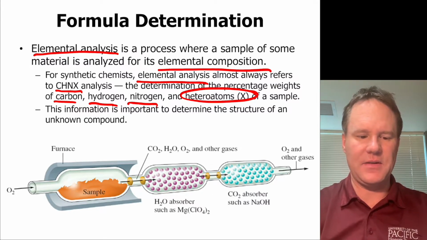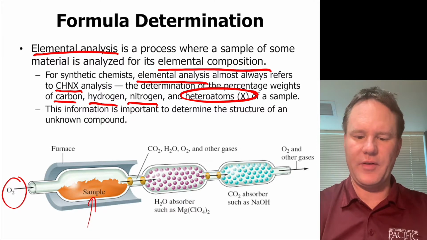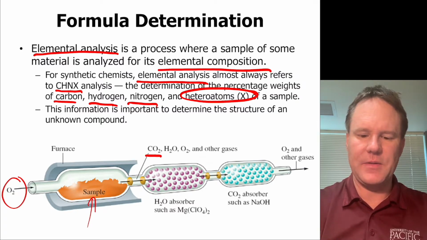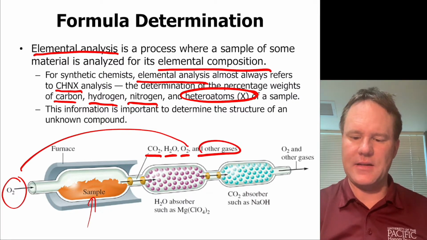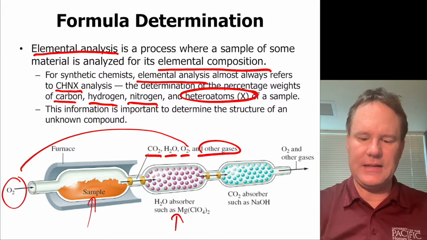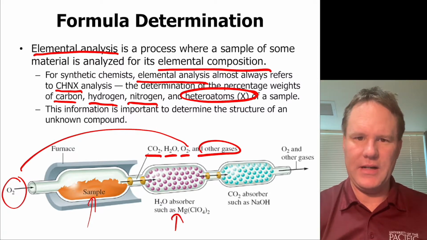Okay, and so the way to do it is you put in a sample and then burn it in pure oxygen in a furnace, and then you get CO2, water, remaining O2, and other gases. And so what you do is you let it through a water absorber, let's say magnesium, can you name this? Perchlorate, right?